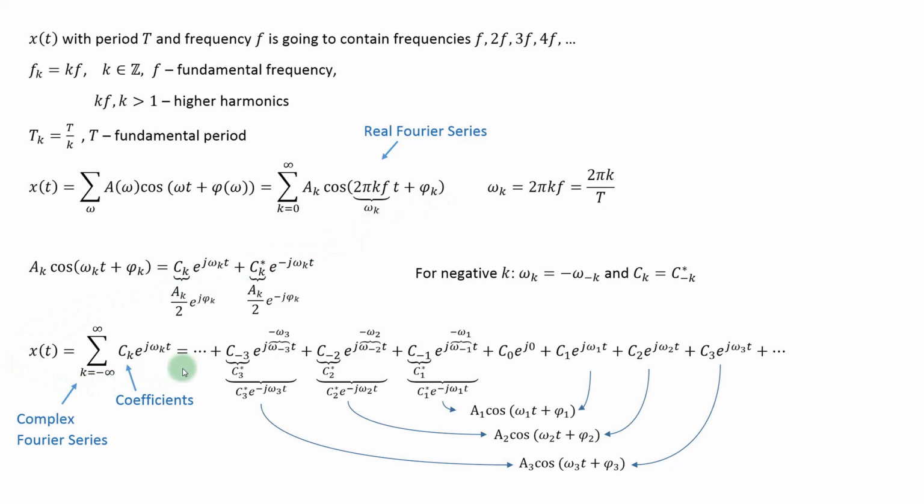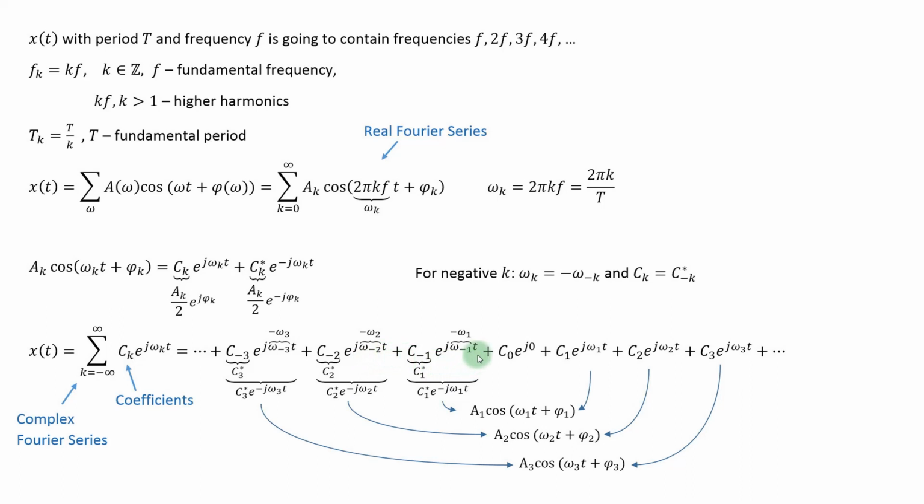Let me explain how that is done. First note that now the index k goes from minus infinity to plus infinity. To give you a better idea what this sum looks like, here I have written down a couple of summands from that sum. So this is the summand for k is equal to minus 3. This is the summand for k is equal to minus 2.